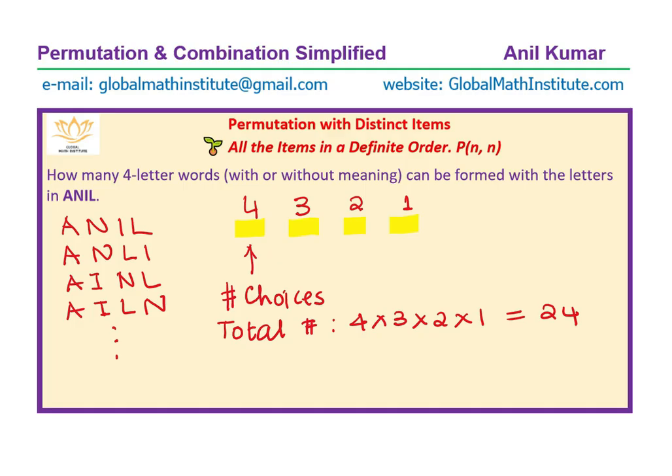So what we see here is that when we had three things, the answer was 3 times 2 times 1. When we have 4, the answer is 4 times 3 times 2 times 1. So in most cases, when we are looking into the number of ways, which is permutations, the answer is that number. So in general, the answer will be what? Let me write it.